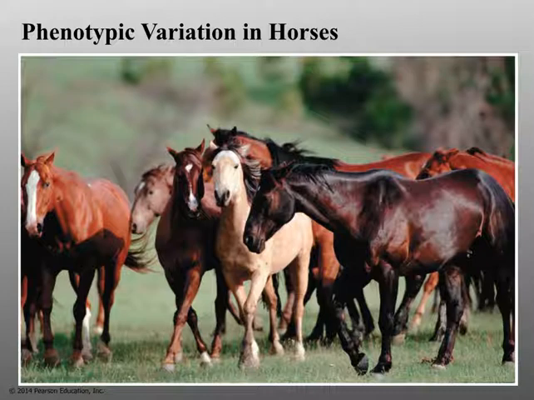If we look at this picture, this is horses of several different colors. We have what we call a sorrel, a bay, and a brown. They've got different spots, different markings, stockings.